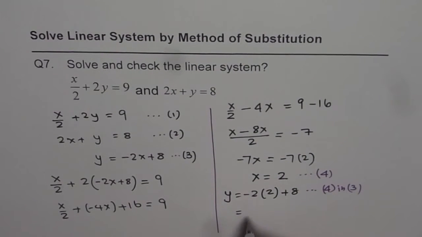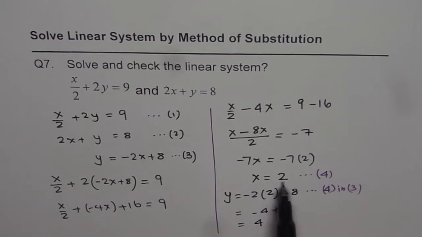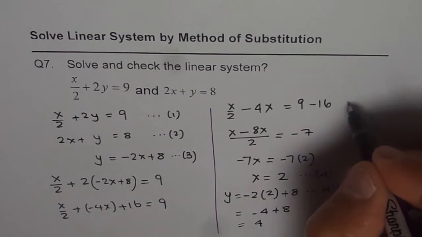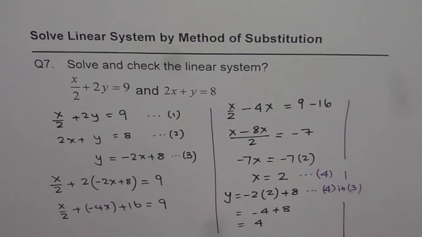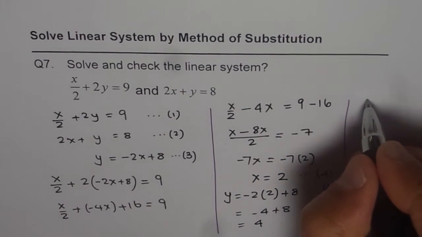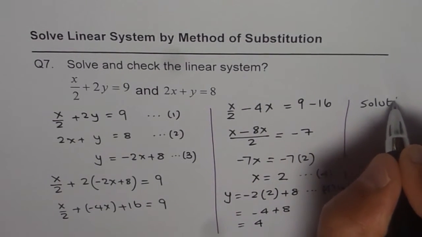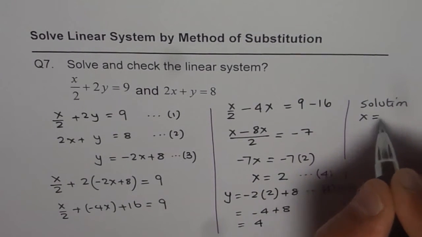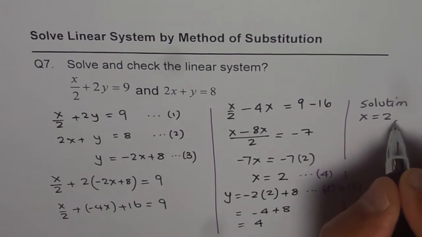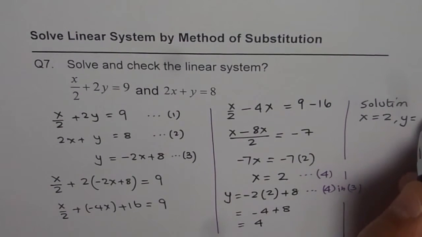So y is minus 2 times 2, which is minus 4, plus 8, and that is equal to plus 4. And therefore we have our solution. So let's write down the solution on the right side. The solution is x equals 2 and y equals 4.